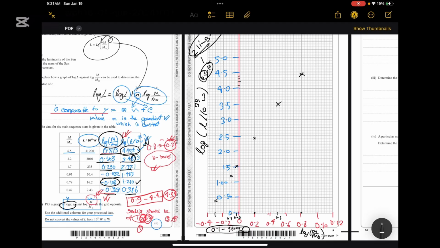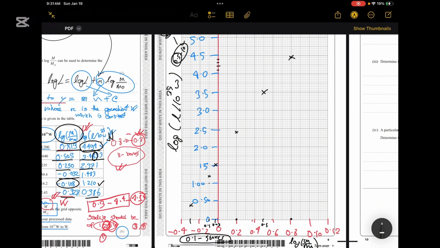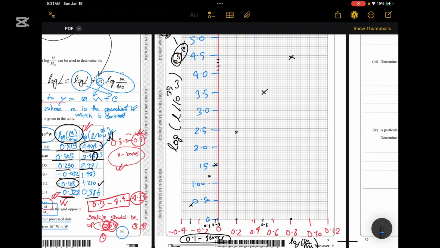Now let's join them together. You should always take a bigger box. Now this is not how the box should be.